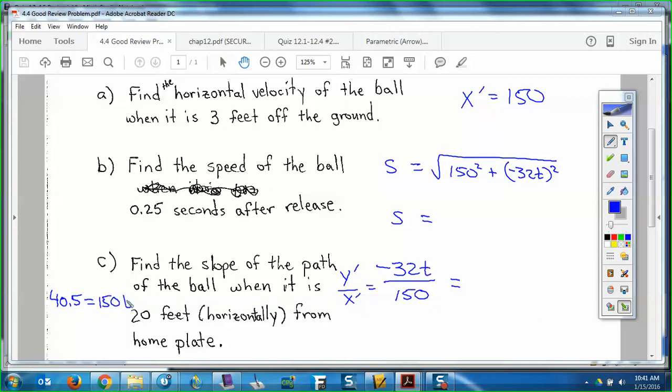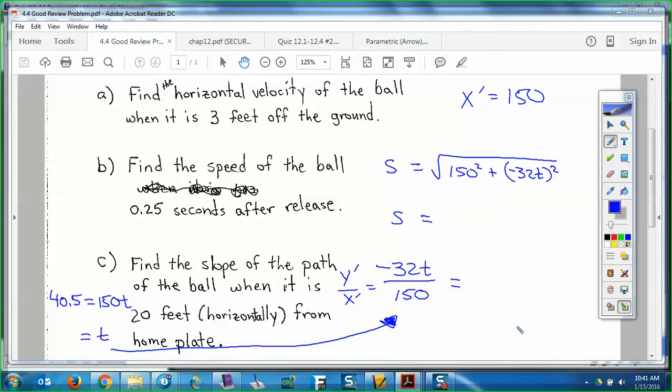So the x would be... Oh, I did not. Yeah, it's from the... Yeah, me too. I did it backwards. Dang it. Yeah, 0 is where he's pitching. Right.